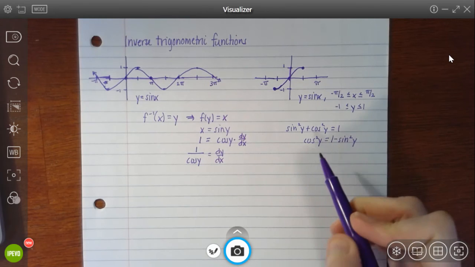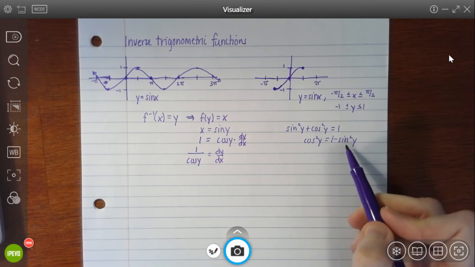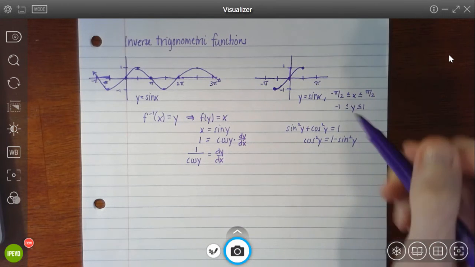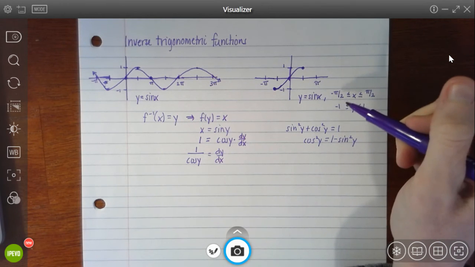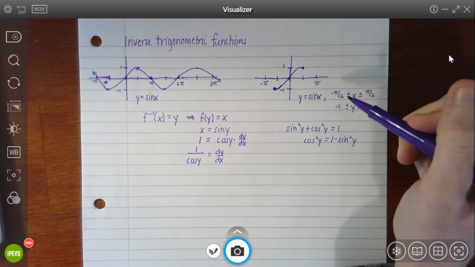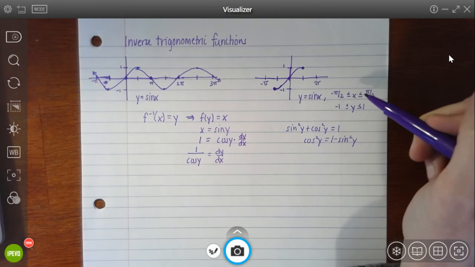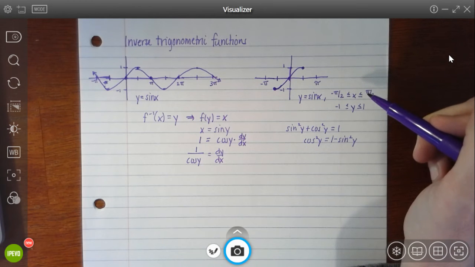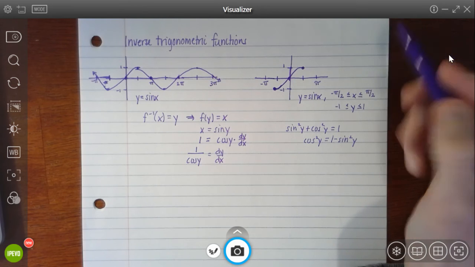And normally when I would solve, I would need to take the positive or the negative square root. But because we're restricting our domain here, and we're looking at our values for cosine from -π/2 to π/2, our values for cosine are always going to be greater than or equal to 0.